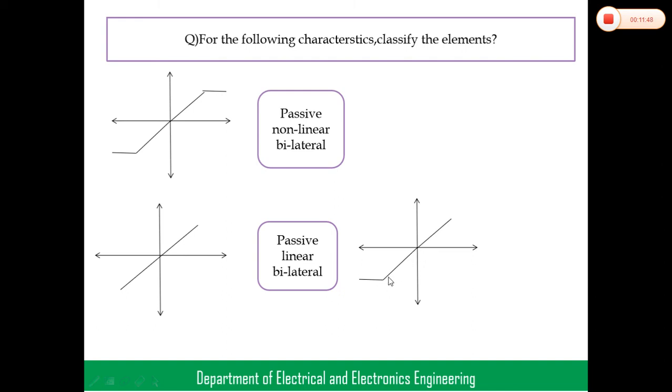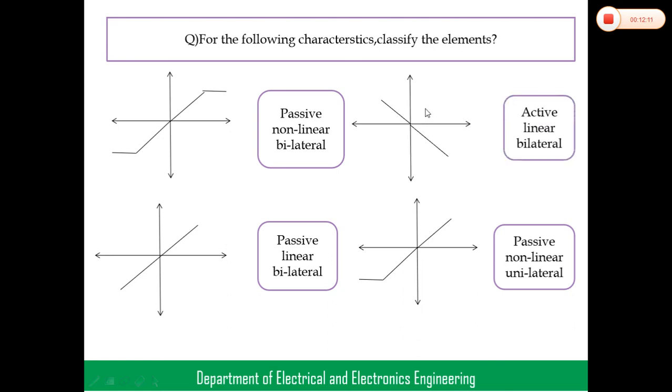We have to see the total characteristics. So is this linear or non-linear? This is non-linear because the characteristics are not a straight line throughout. Is this bilateral or unilateral? In the positive direction the characteristics are like this, and in the negative direction the characteristics are different. So it is passive, non-linear and unilateral.